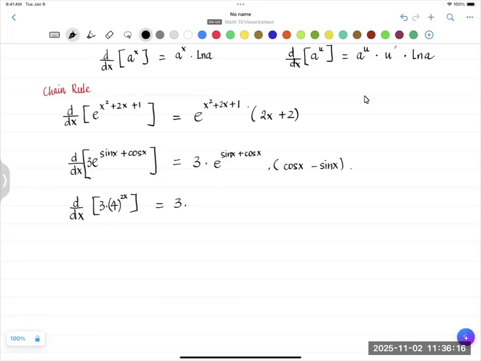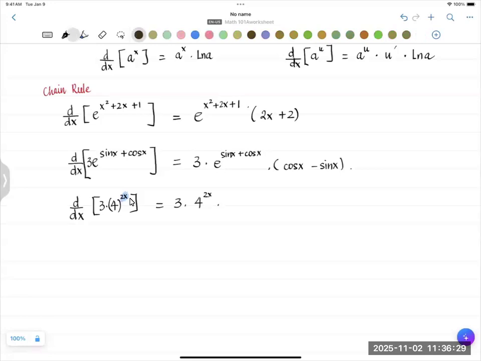Then we will have a to the power u, which is 4 to the power 2x, staying the same. Now we take u prime. Your u is 2x, so u prime is 2. So we times 2, and then times ln a, which is ln of 4. Your a in this case is 4, your u in this case is 2x. So 3 times a to the power u times u prime, and then times ln a.